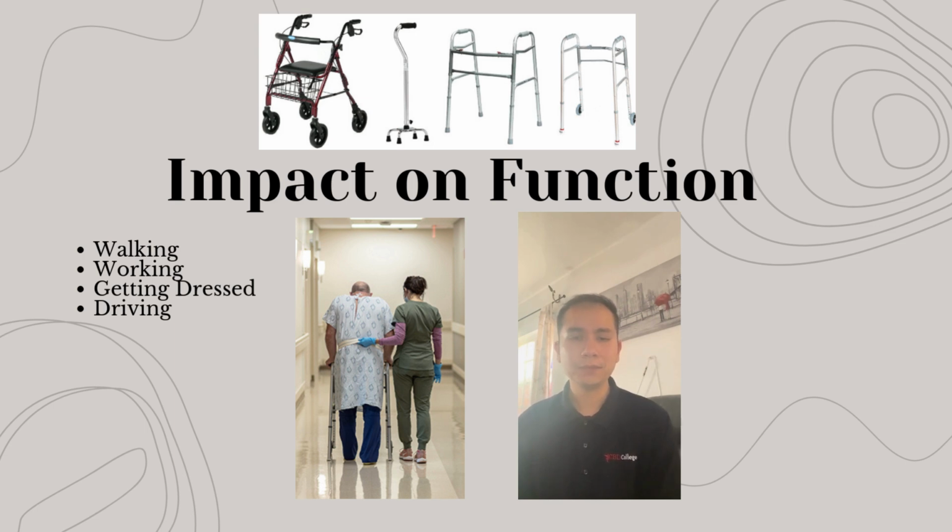And then we'll have to teach them how to properly walk, like 2-point gait, 3-point gait, 4-point gait, depending on the weight bearing that they can put on the leg. And then we will do therapeutic exercises and manual therapy to increase range of motion, strength, and stability.